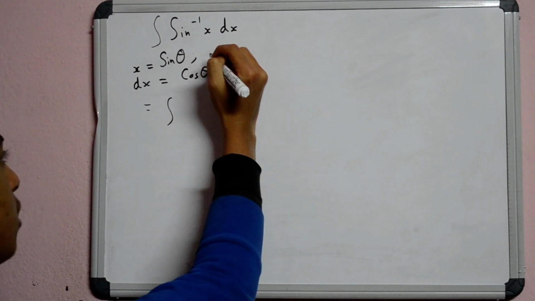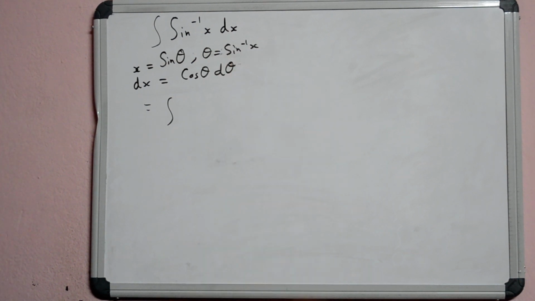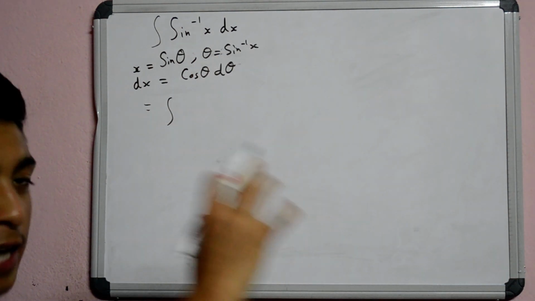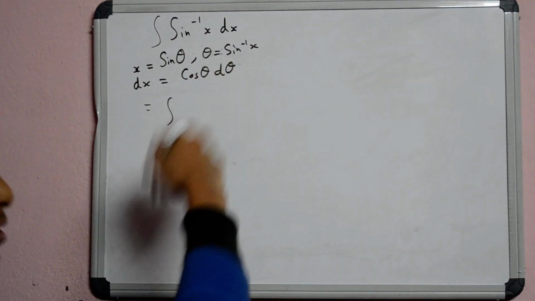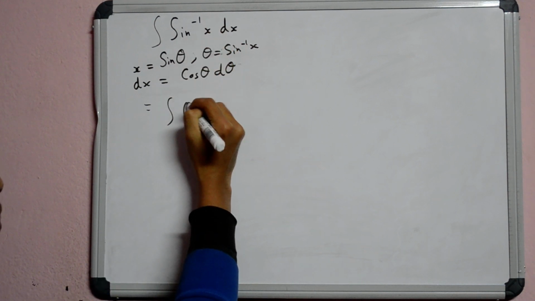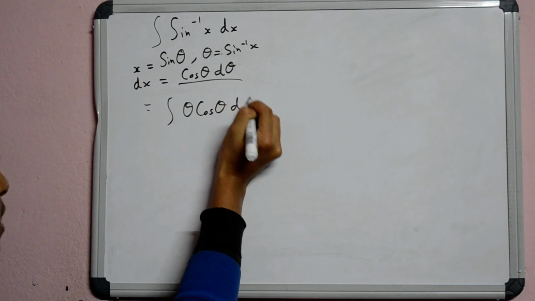And also I'm going to write that theta equals sine inverse of x. Basically taking the sine to the left hand side, or sine inversing on both sides, it's the same thing. And this becomes integral of theta times cos theta d theta.